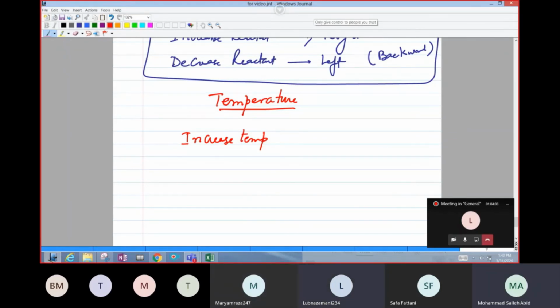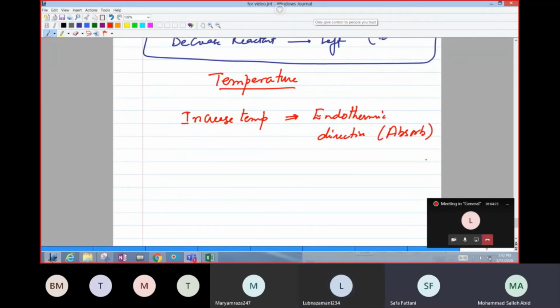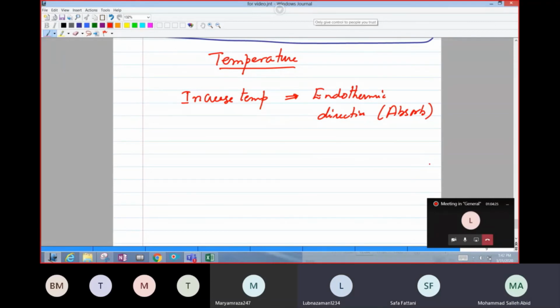Any problem with this? If you increase the temperature, the reaction should decrease it. Decrease means use up. It will prefer the endothermic direction. Why endothermic direction? Because in the endothermic direction, it will absorb the energy, and this is how it can lower the heat. Whatever temperature you have increased, the reaction can decrease that temperature by absorbing that energy. So absorbing means it is moving towards the endothermic direction.